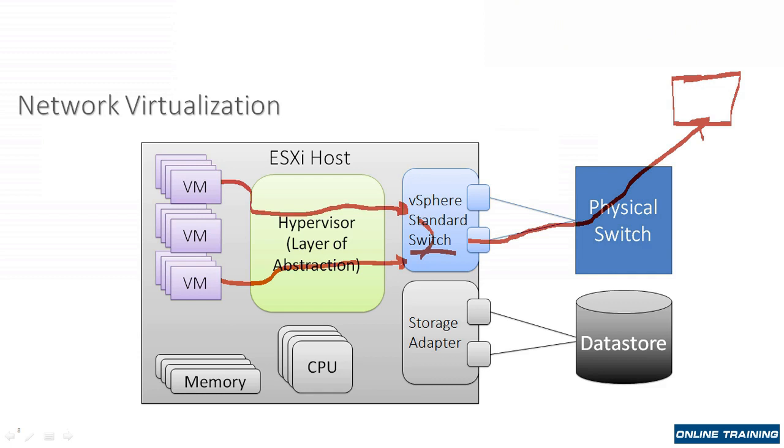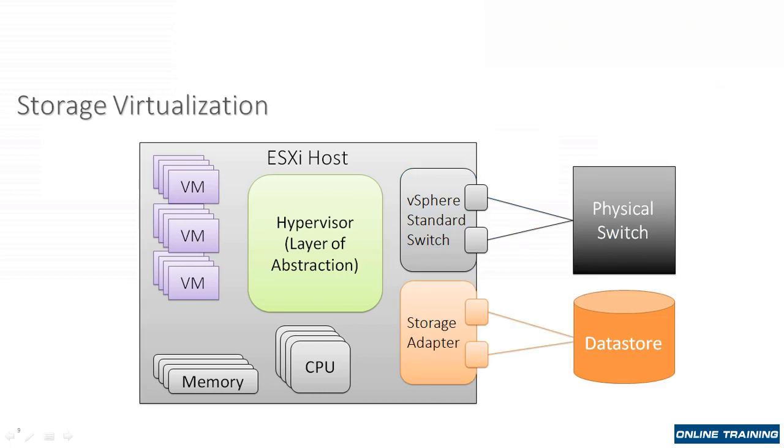And storage virtualization is very similar. My virtual machine is going to have virtual disks. Remember, I've got a guest operating system running in each of these virtual machines, like Windows or Linux. Both of those guest operating systems need to be able to access their C drive, right? Their files that make up that VM.